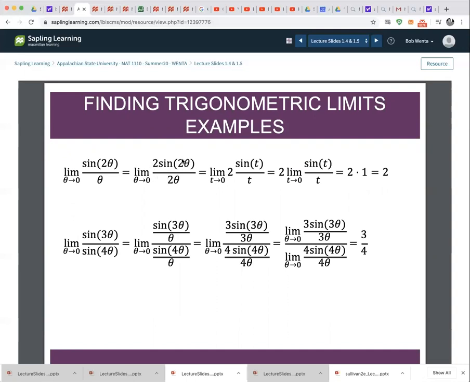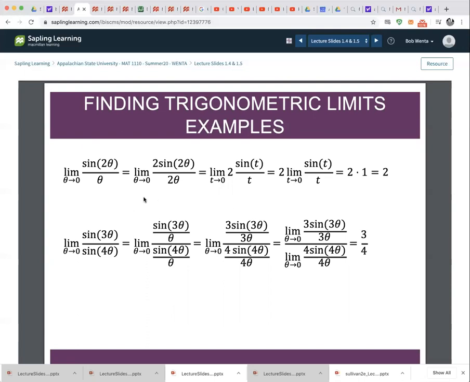And as a result, now this matches. The 2 is out front, bring it out front. The limit of a constant times a function is the constant times the limit. So we've got that drawn here. And you can see that this goes back to that definition of the limit as t goes to 0 of sine of t over t. This is equal to 1. As a result, you've got 2 times 1 is 2.